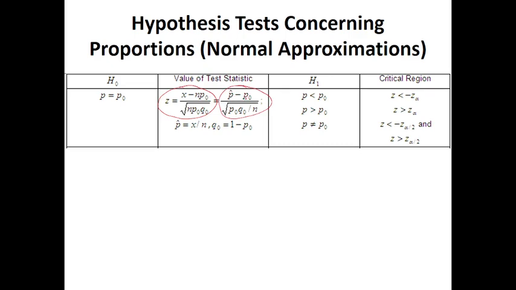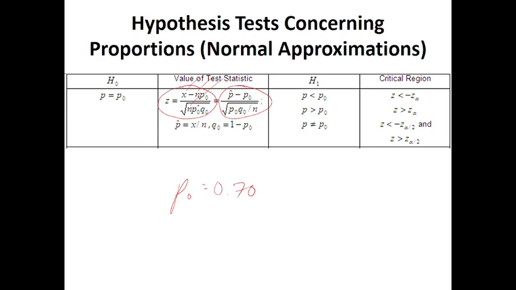So we have here the number of homes with heat pumps, that is x equals 8, right? We have n equals 15. p sub 0 in our example is equal to 0.70, that is 70%, right?